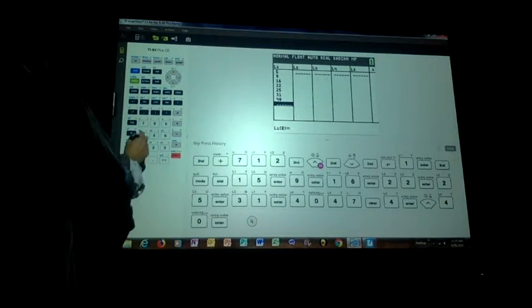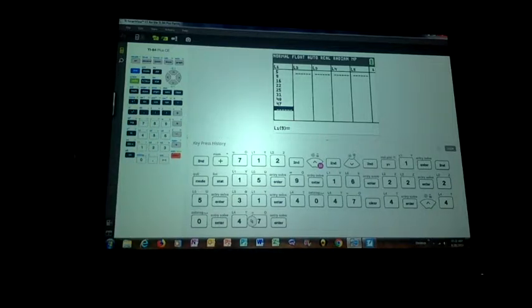And then what was the last one? 47? All right. And then my y component is going to go into L2.